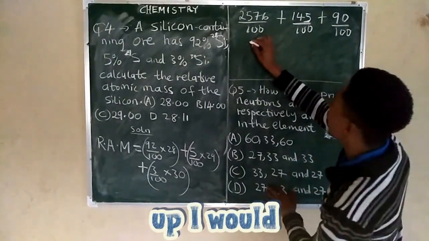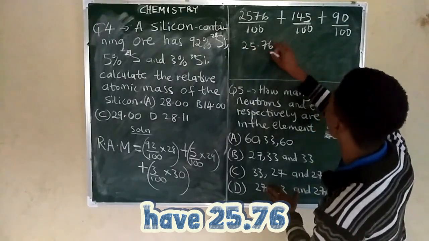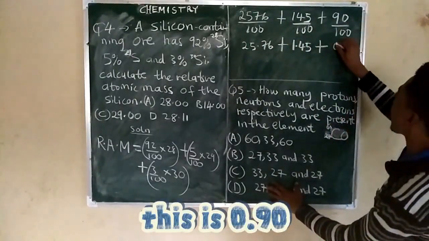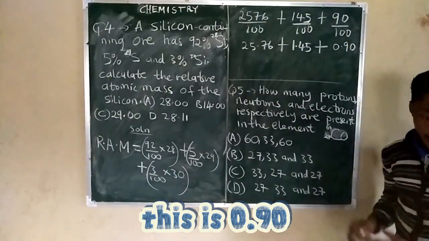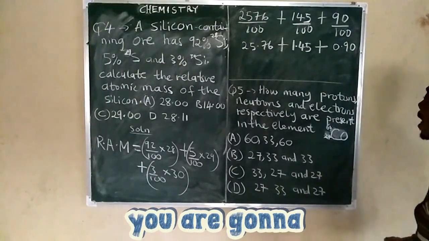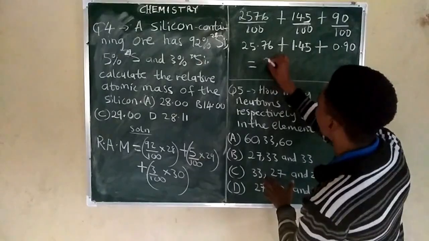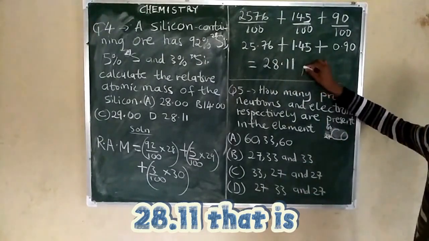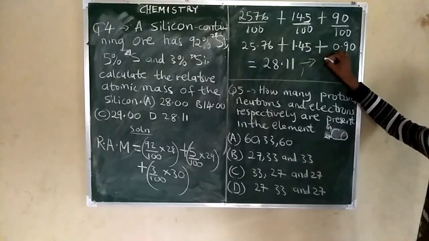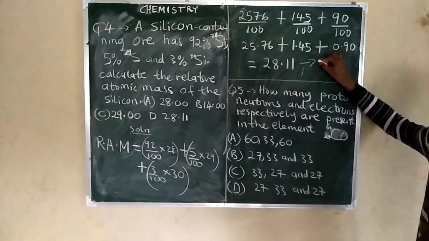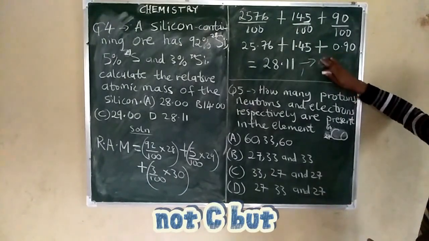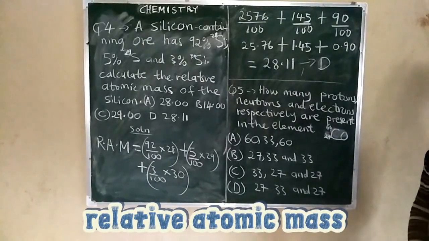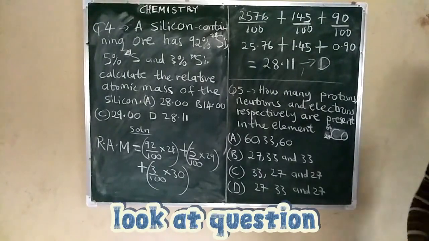So putting this up, I would have 25.76, 1.45, and 0.90. Summing it up, you are going to have 28.11. That is going to be your answer. Not C, but D. That is your relative atomic mass.